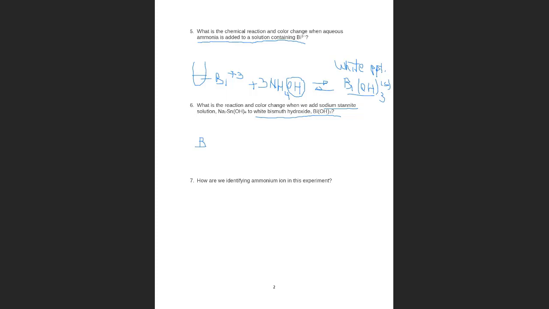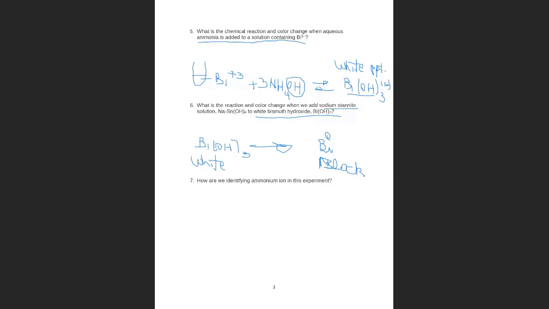Basically, the white bismuth hydroxide reduces into bismuth zero, bismuth metal, and this is actually black. And this is white. You are going to refresh, but this is just a review. And then the last one.